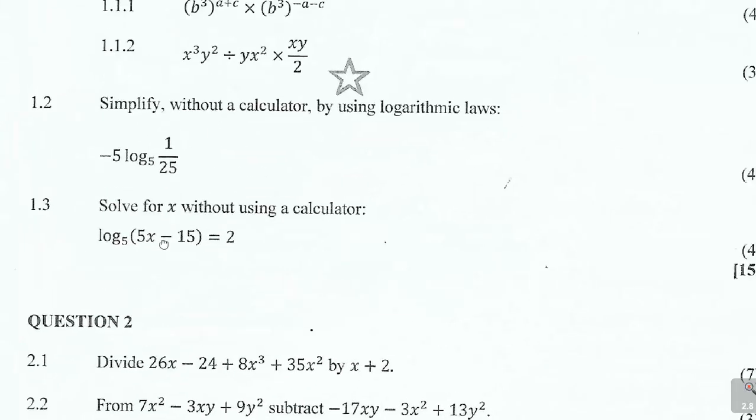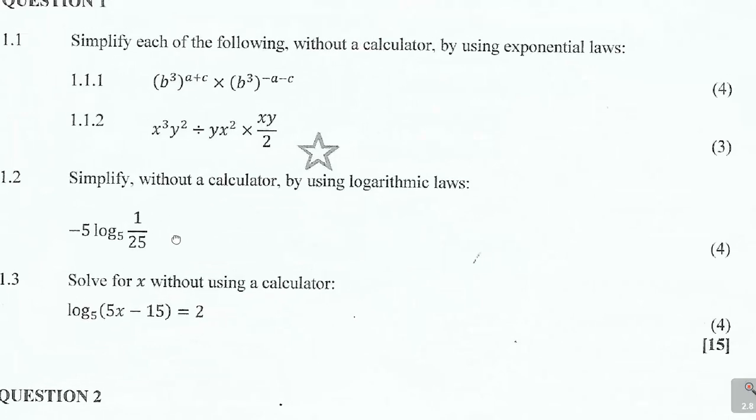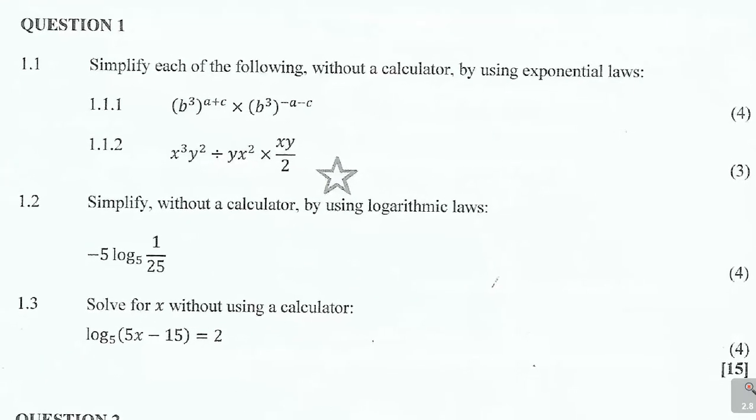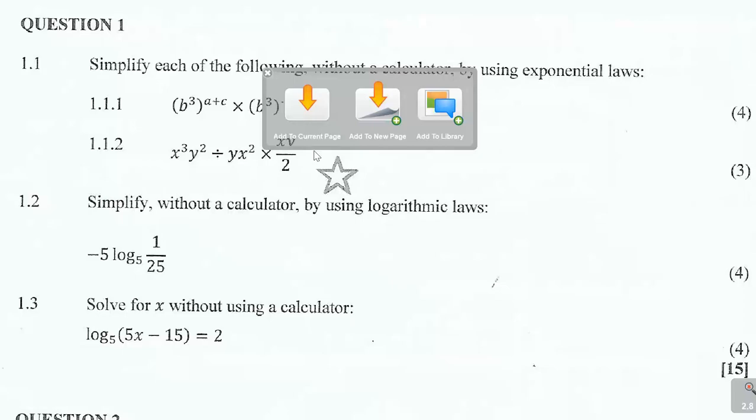The first one is question number 1. It says simplify each of the following without a calculator by using exponential laws. Let me take this out with the mark allocation so that we can look at it individually.